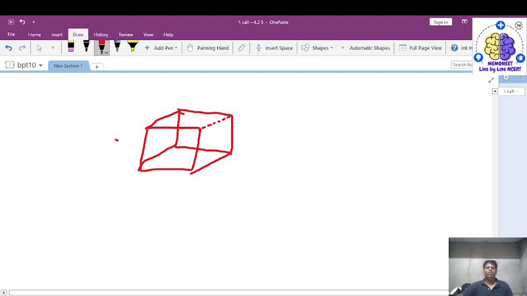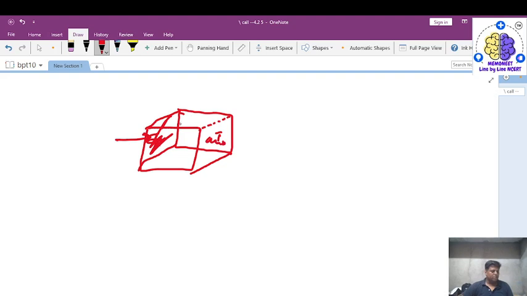And we are supplying heat to the cube from this side. And the temperature of this face is, let's say, T naught, and the temperature of this is, let's say, T1, right? So when we are supplying heat, the heat will gradually pass from this face to this face, right?